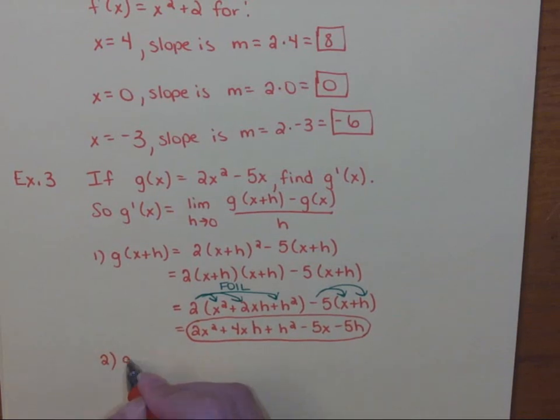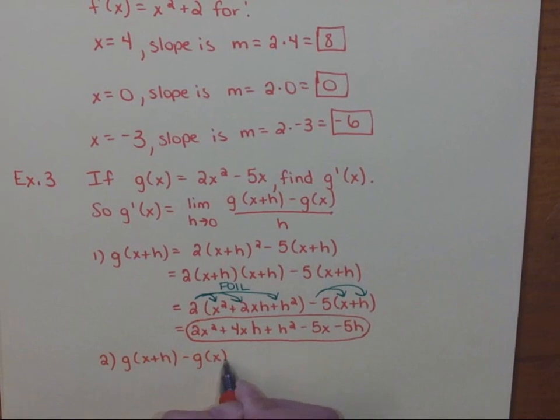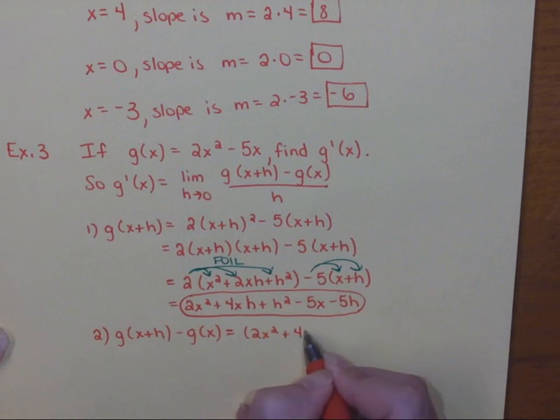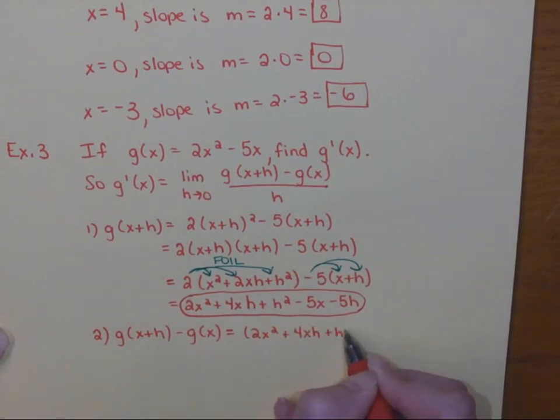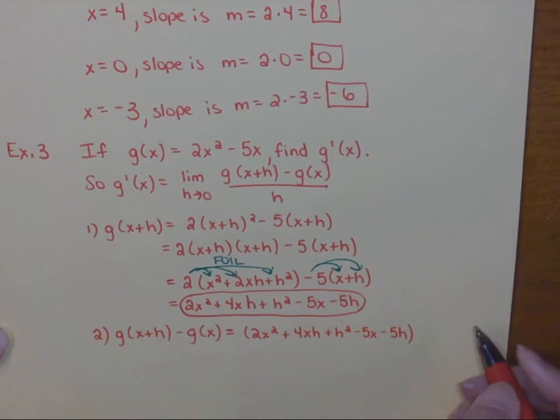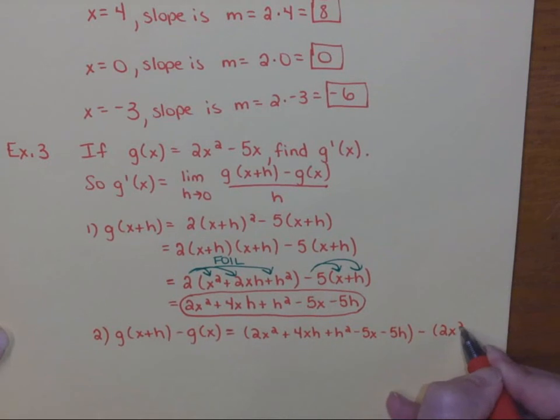So in step 2, we take step 1 and we subtract g of x from it. So we're going to have 2x squared plus 4xh plus h squared minus 5x minus 5h, and then minus the original function.